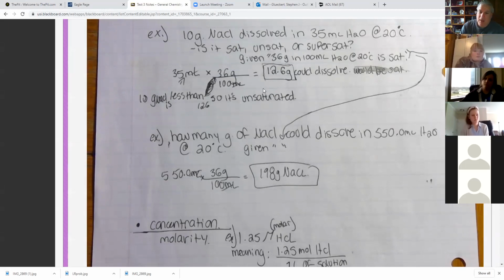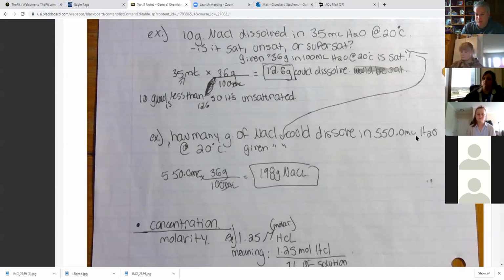The other thing you can get for solubility, again for sodium chloride, is 36 grams per 100 milliliters at 20 degrees Celsius. I'm not always going to have 100 milliliters. In this case, I had 35 milliliters. You can also ask how many grams of sodium chloride would dissolve in not 100 milliliters of water, but 550 milliliters of water. Again, you use your solubility as a ratio.